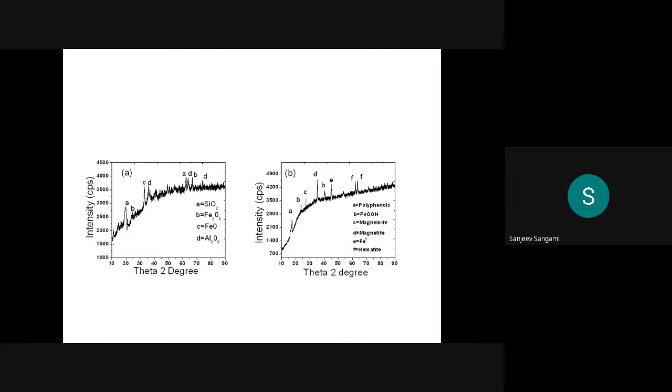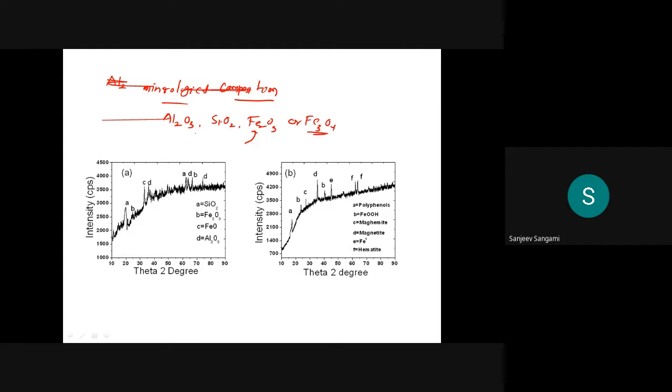Then suppose you want it directly in terms of mineralogical composition, like Al2O3, SiO2, Fe2O3, directly in the form of either Fe2O3 or Fe3O4.